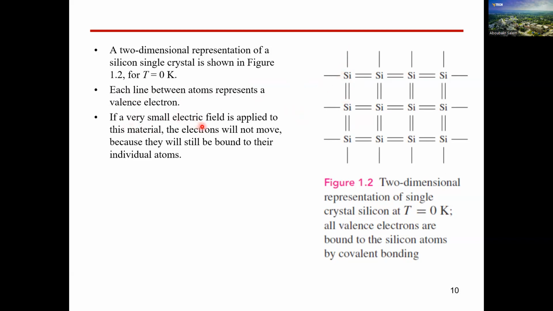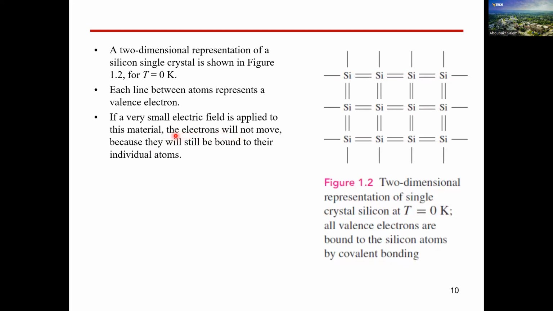If a very small electric field is applied to this material, the electrons will not move. A very small electric field is not sufficient. It needs a certain amount of electric field in order to allow the electron to be released, in order to break the bond between the different atoms.